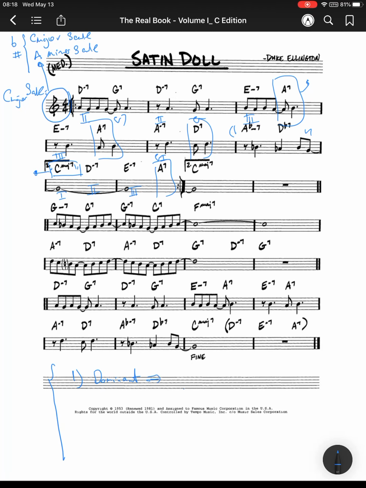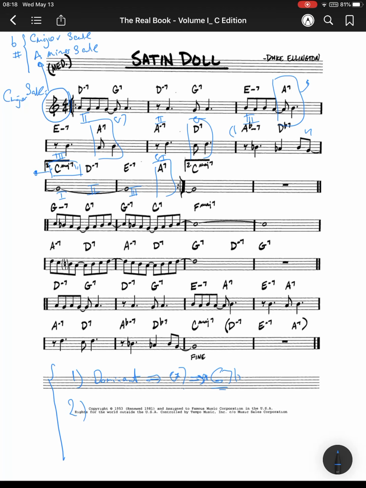That means in the C major scale, the dominant chord is the fifth chord, and this is G7. So G7 is something that we are seeing most of the time.